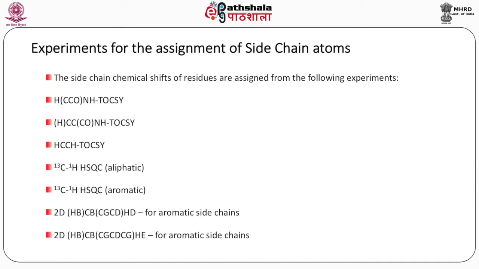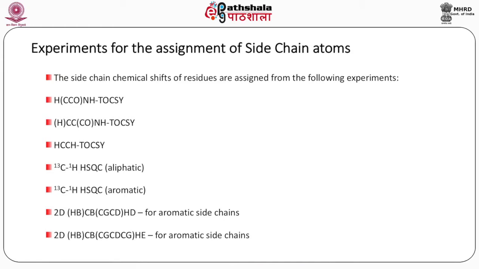Now let us look at the experiments for the assignment of side chain atoms. The side chain chemical shifts of residues are assigned from the following experiments: (H)CC(CO)NH TOCSY, H(CC)(CO)NH TOCSY, HCCH-TOCSY, C13 proton HSQC for the aliphatic region and the same for the aromatic region.